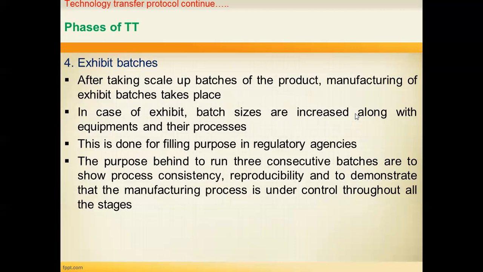So the final exhibit batch is a representative of your original formula or the original batch you prepared. So they can show the process consistency. It should be a reproducible one. They can demonstrate the overall manufacturing process, and all parameters should be under control throughout all the different stages of the production.